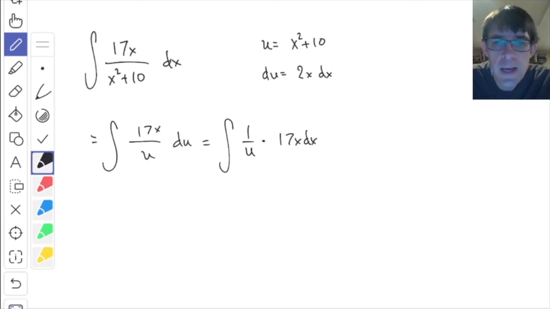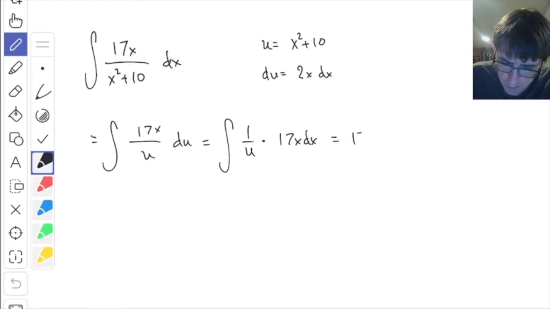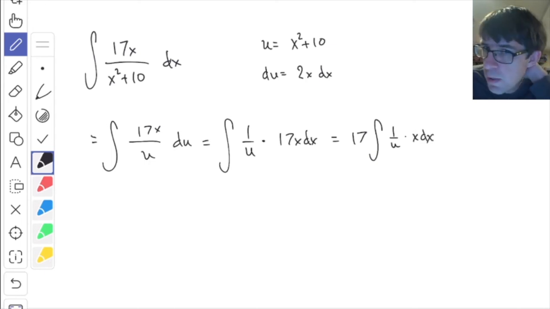And actually, at this point, we can move the 17 all the way out of the integral. You might worry about what I'm going to do with that 17, but actually the 17 is not a problem, because a constant multiple can always be moved all the way out of the integral. And so the 17 will just be a multiple in front of whatever the answer is.